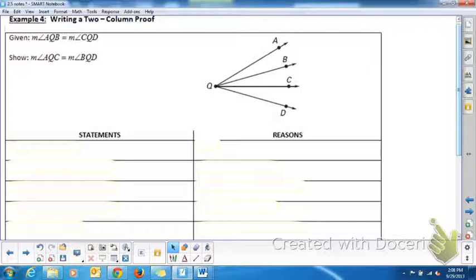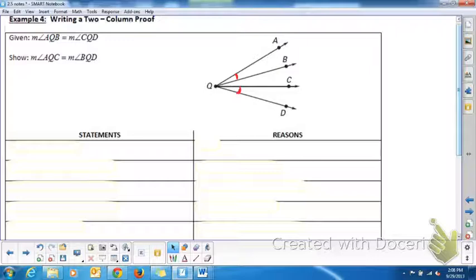So let's look at our given information. We're given that the measure of angle AQB, so that's this one here, is equal to the measure of angle CQD. You know if they're equal, then they're congruent.